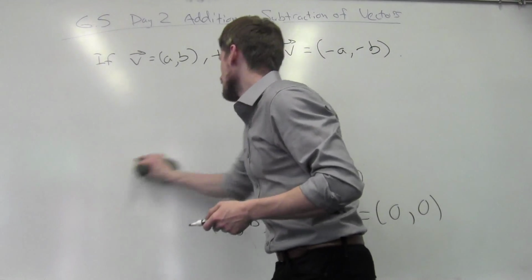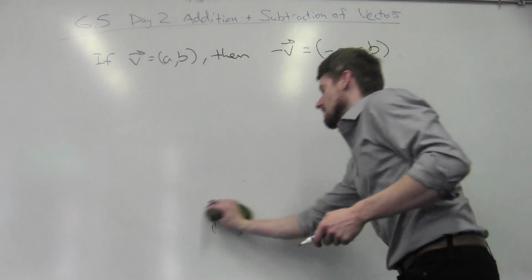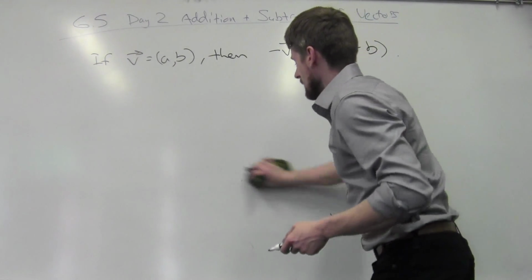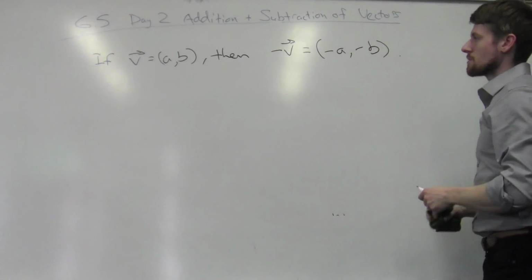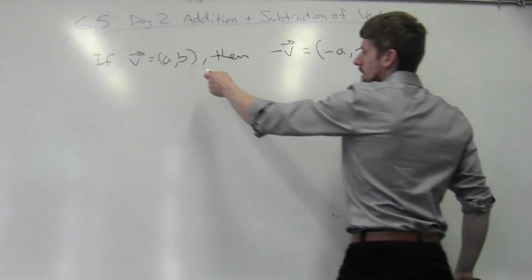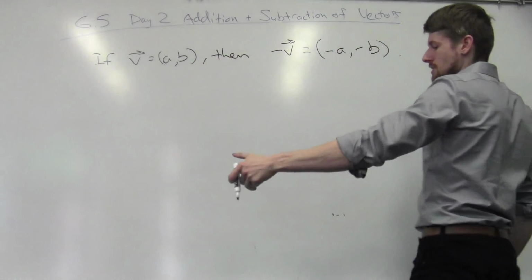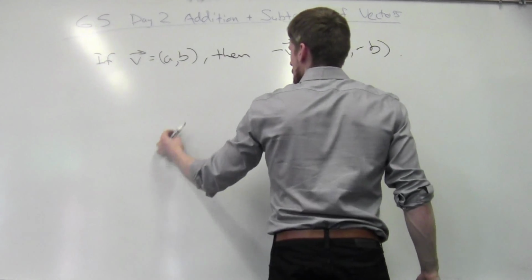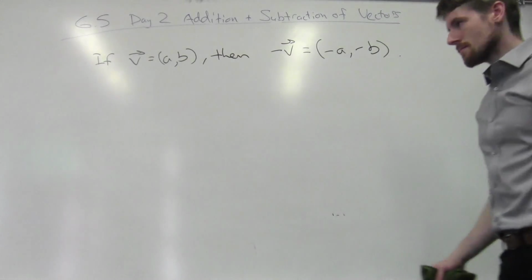The direction of the additive inverse vector is in the opposite direction of the vector v. It has the same slope, you can check by dividing b over negative a and b over a. It's the same slope, but it's pointed in the other direction. This one can be going up and right, the other one would be going down and left.